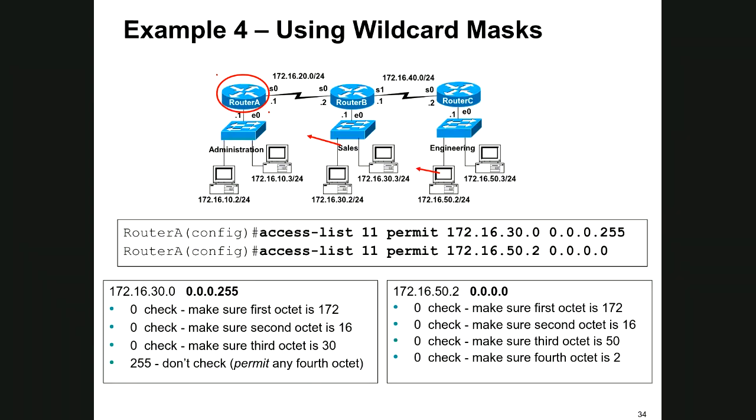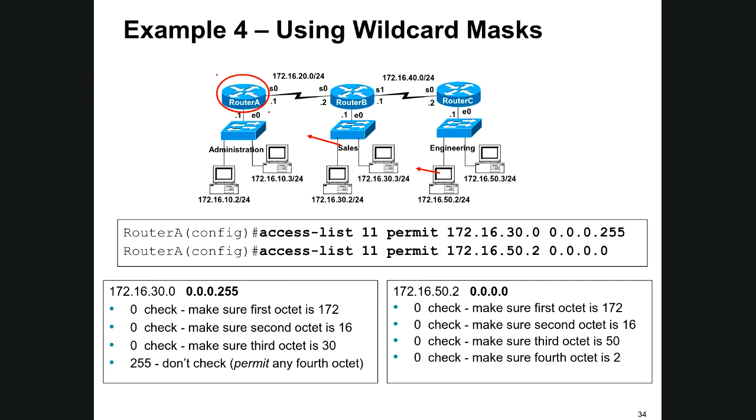So let's look at this first, access list 11. It's in the range 1 through 99, so it's still a standard list. And he says permit 172.16.30.0 0.0.0.255. Well, all those PCs in the sales department are /24s. Their normal subnet mask is 255.255.255.0, so the corresponding wildcard mask is the mirror image of that, 0.0.0.255.